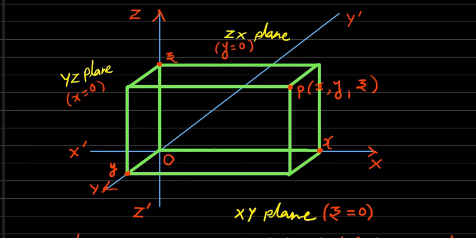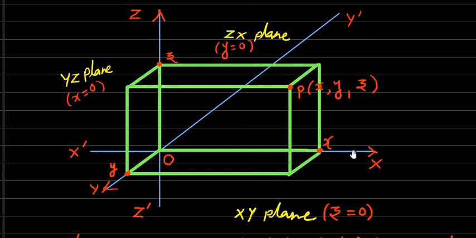Next, if we consider the x-axis, this x-axis is the intersection of 2 planes. One plane is the XY plane and the other is the ZX plane. As the x-axis is the intersection of the XY plane and ZX plane, it satisfies the equations of both planes.